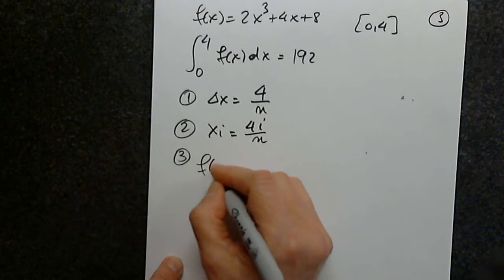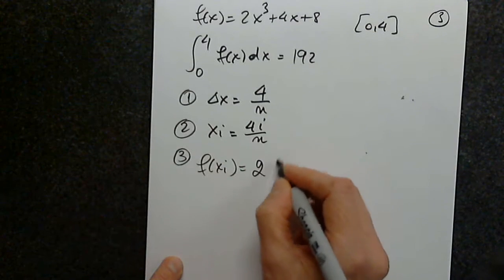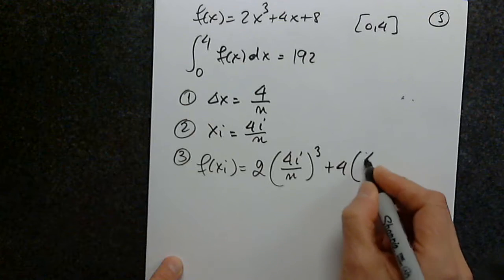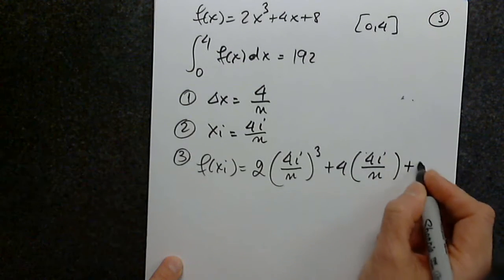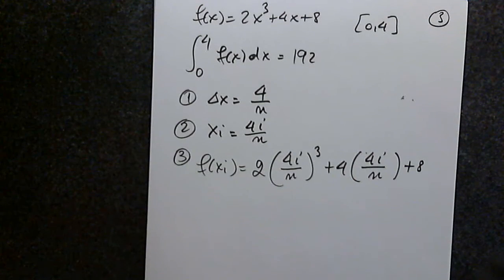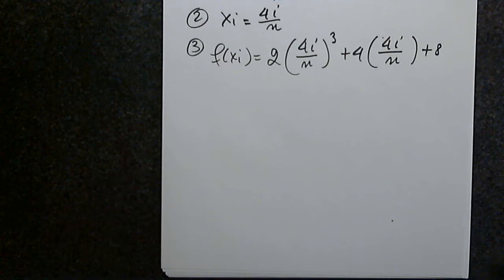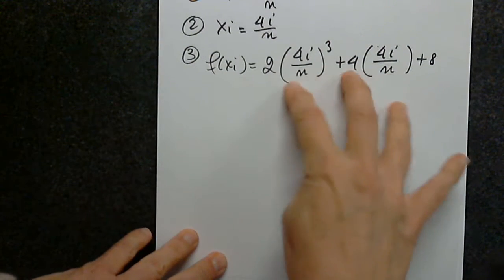And then f of xi will be 2 times 4i over n to the third plus 4 times 4i over n plus 8. You did not cube everything, you only cubed i, or you only cubed n, you did not cube 4. So of course that's okay. It happens. Is that clear? So you have to be very careful. Take it easy because this is so important.